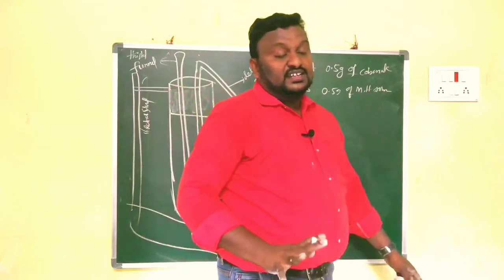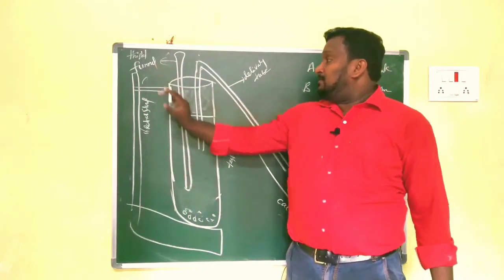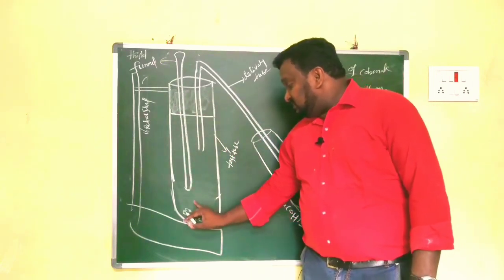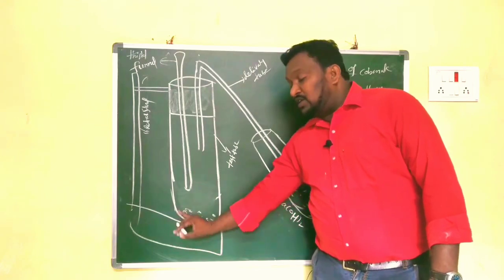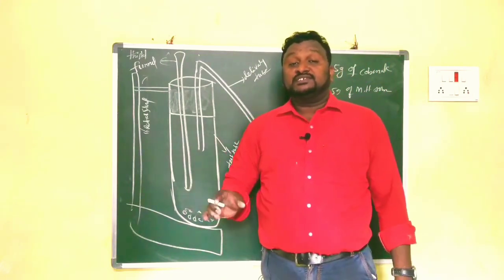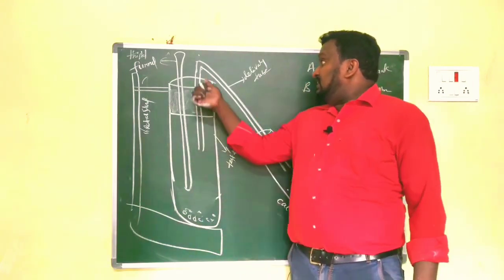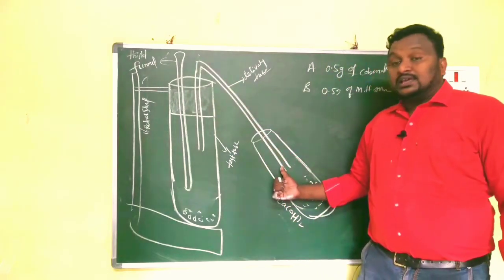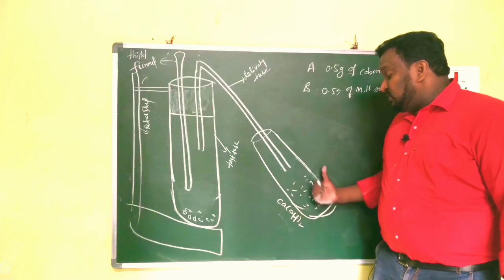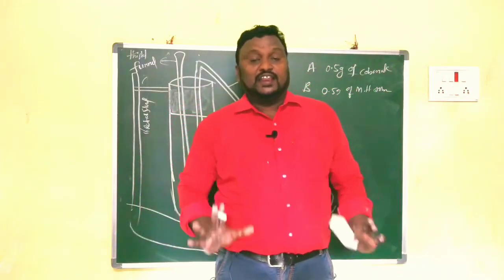Here this is the experimental setup: retort stand, funnel, delivery tube, rubber cork, and the 0.5 grams of solid sodium carbonate. The delivery tube must be kept in another test tube containing calcium hydroxide solution.